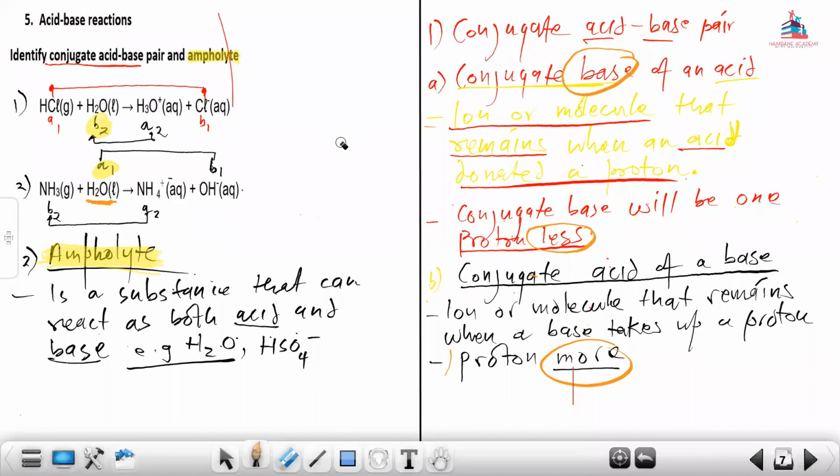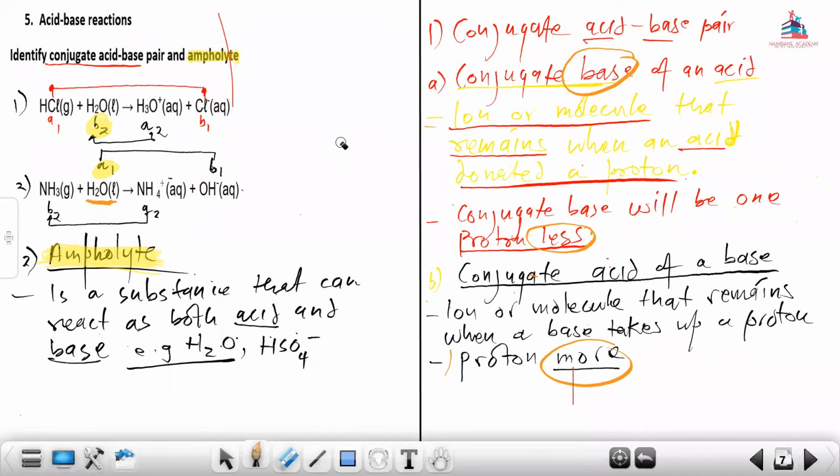Did it donate a proton? If it did the 2, then it definitely must be an ampholite. So, these are not the only 2; it will depend on the structure of how we want to assess the question. But what you need to look for is to apply the basic principles: in one reaction it must donate, in the second reaction it must accept, and then it qualifies to be an ampholite.